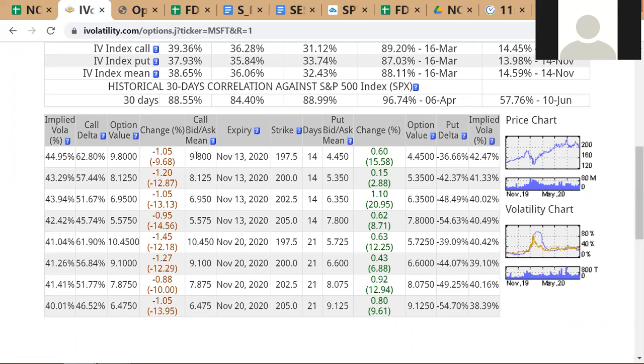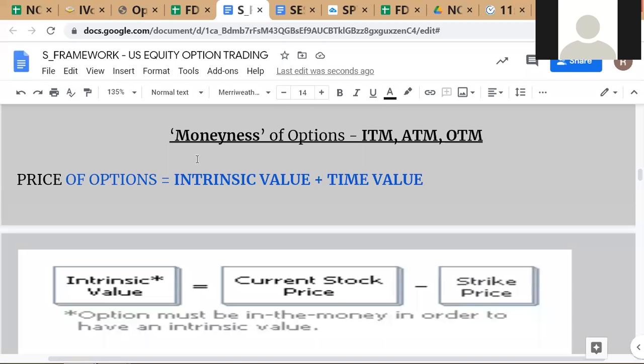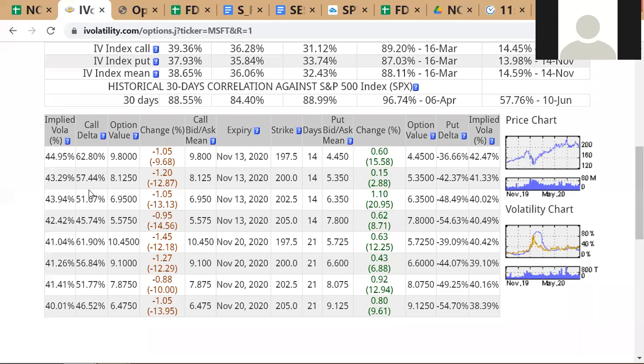Now we are going to say this 9.8 has two parts to it. What are the two parts? This 9.8, as an example that we saw here, is the average of the bid and ask.